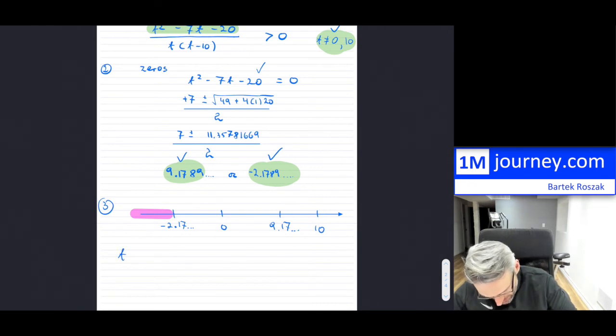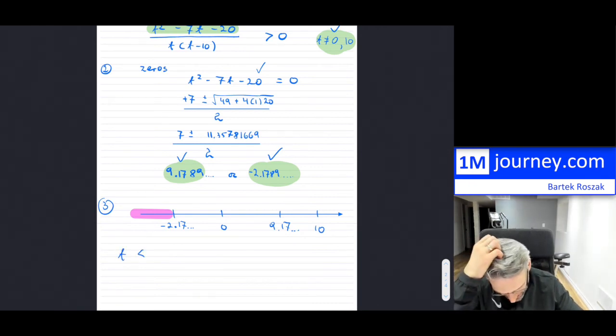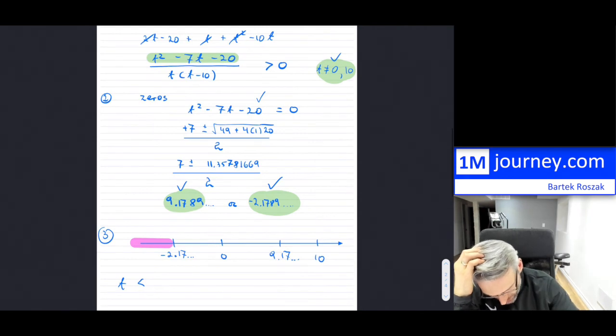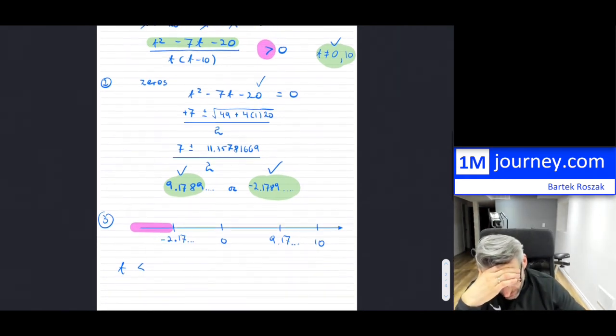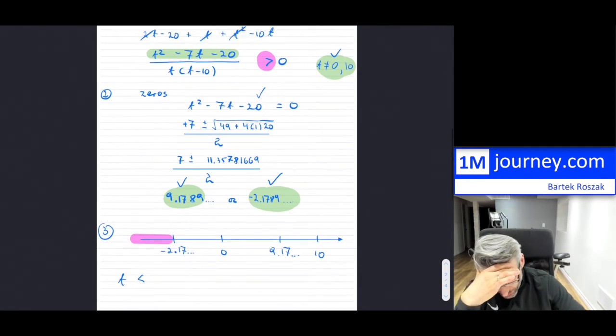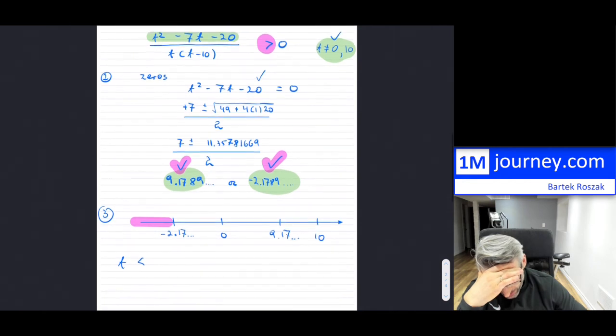So t less than, now notice because of this, we know that it's zeros at these 2 points, so we can't really include these points. These are the zeros here, so we're going to be looking at what's happening around them.